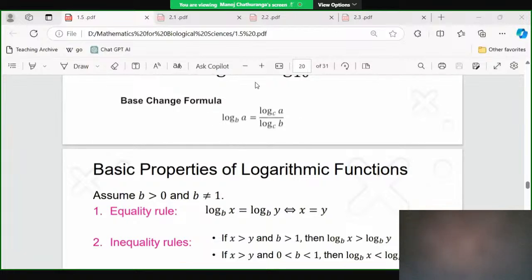Visually it seems like c cancels with c and b becomes the base. So sometimes it is useful to memorize this base change formula.